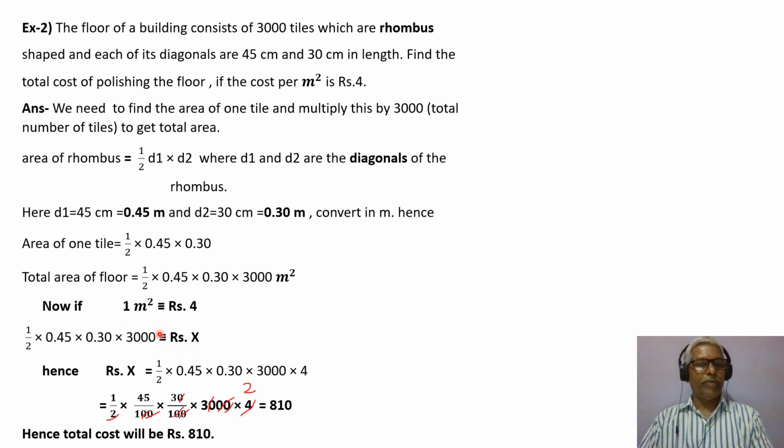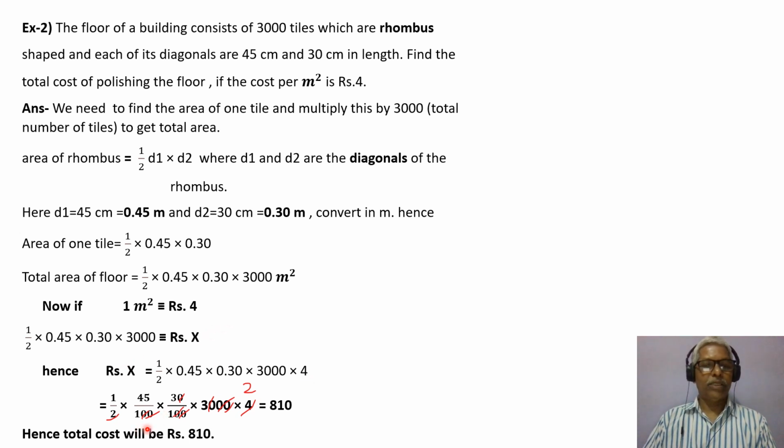So if you cross multiply this, you directly get the answer. So this rupees x will be, this 4 is here and all this will go there. So half into 0.45 into 0.30 into 3000 into 4. Simple.